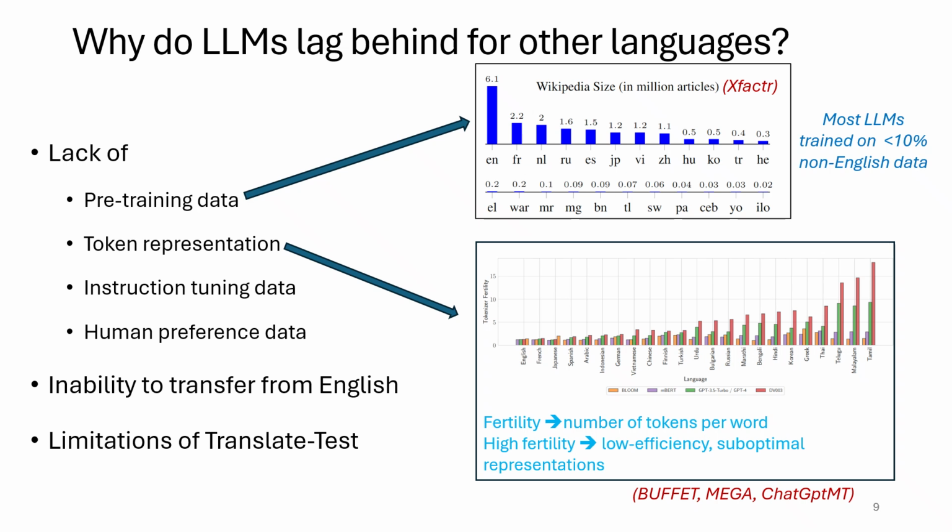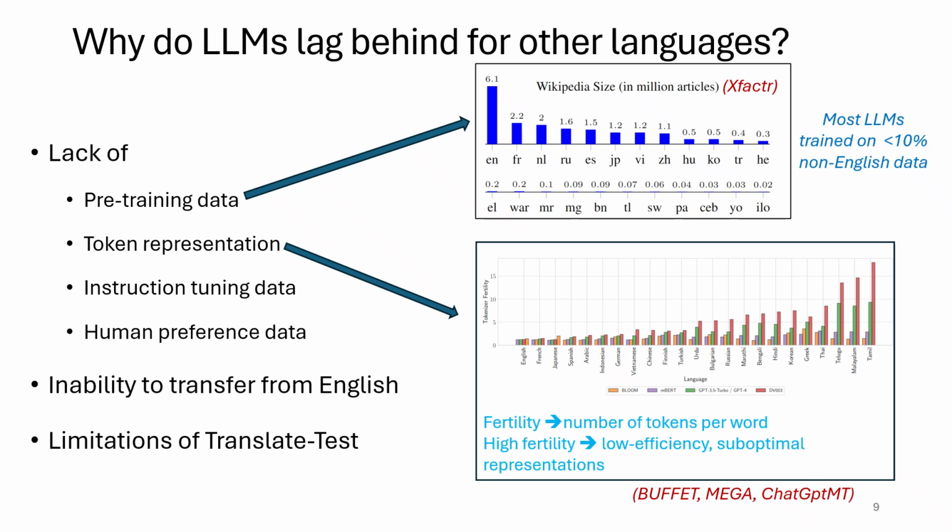It also presumably means that these tokens are meaningful and you can learn better representations. Now, if you look at the table at the bottom, you can see that the fertility is very low for English. It's typically between 1 to 2, mostly less than 1.5 for most LLMs.